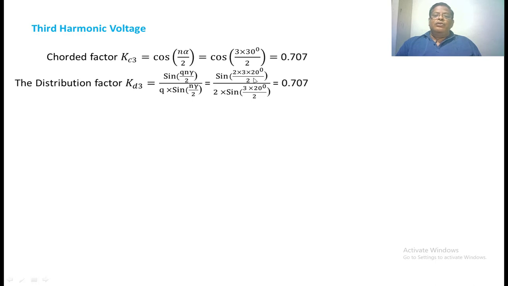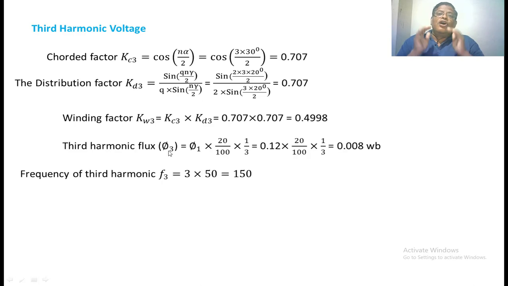Substitute all the values, we are getting 0.707. Now the winding factor Kw3 equals Kc3 into Kd3. Substitute these two values, we are getting 0.4998.